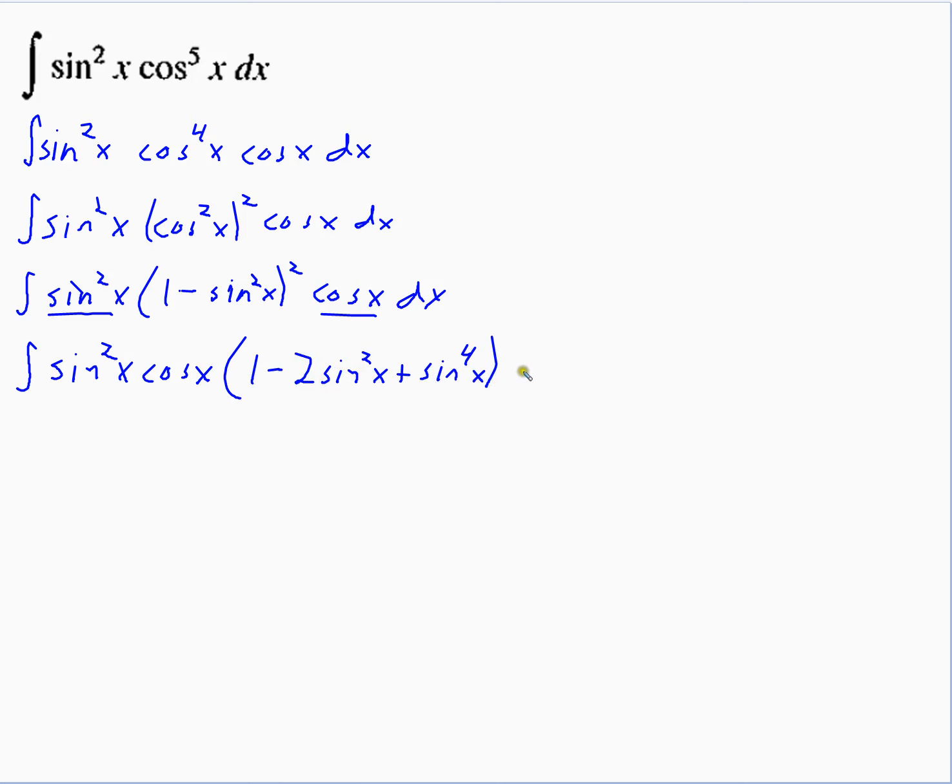And now that you have this, it's more of the same. It's not like our integrating is going to be any more difficult. We'll just have an extra constant in there for one of them. We're now going to distribute this to all three of those terms. And so it gets a little long here. Sine squared x cosine x minus, now we're going to multiply it times this term. So we have a 2 sine cubed x cosine x.